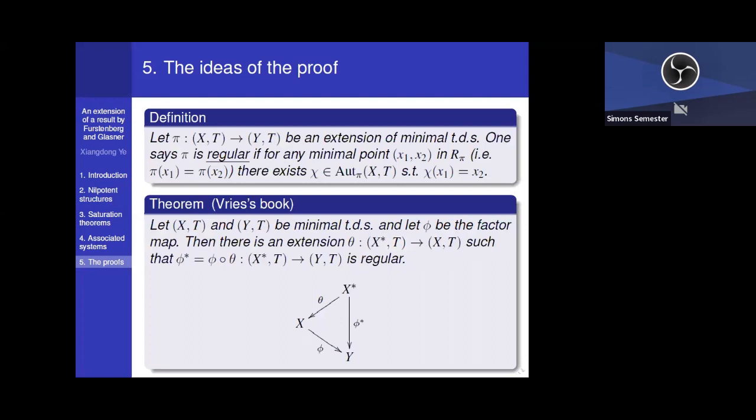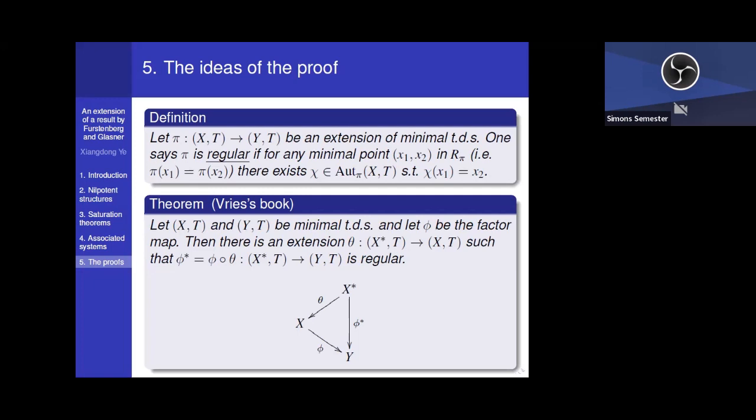This is a definition. If you have an extension, this is regular if, for two points X1 and X2 in the same fiber, you can find some element in this group such that it sends X1 to X2.